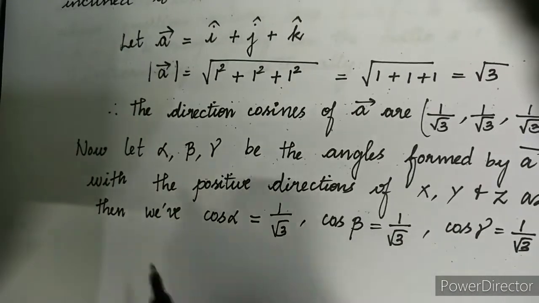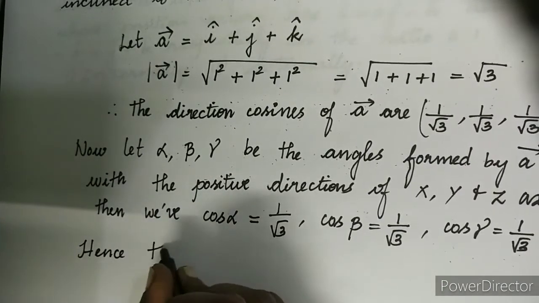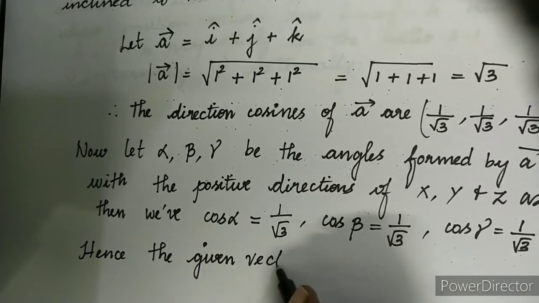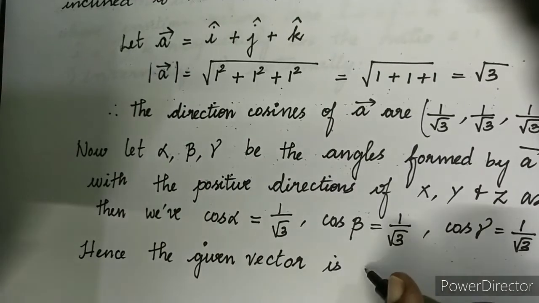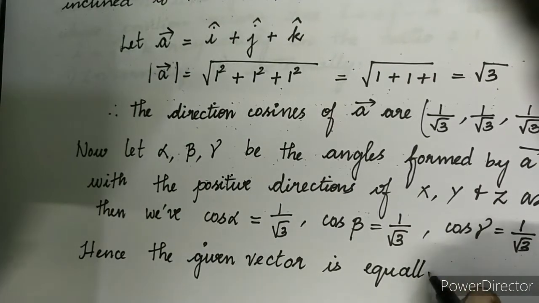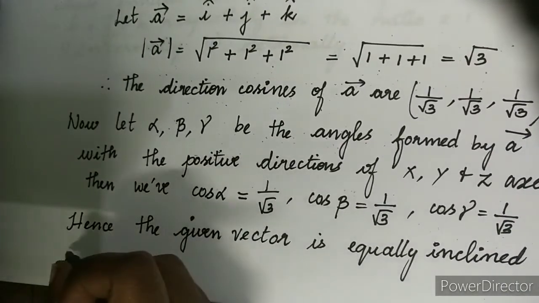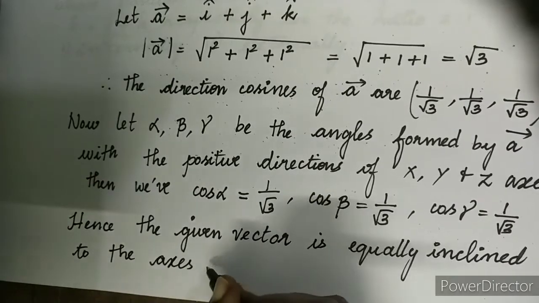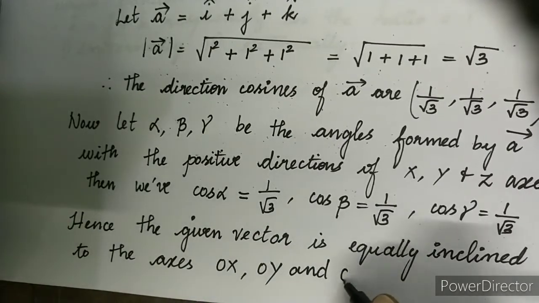So we can conclude that, hence, the given vector is equally inclined to the axis OX, OY and OZ.